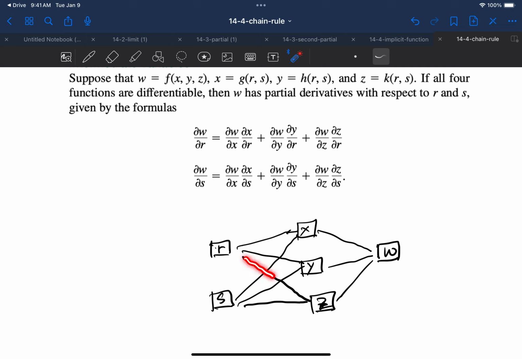And then you can calculate the differentiation along these pairs. This is wz and zr. So multiply them together, this comes here.